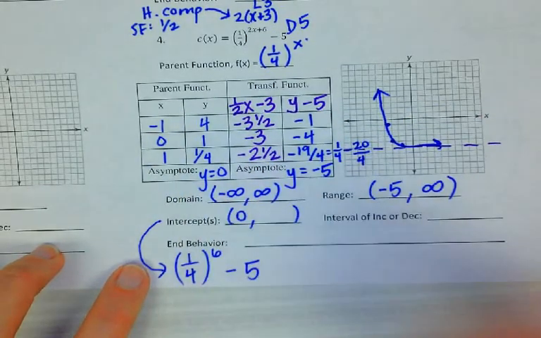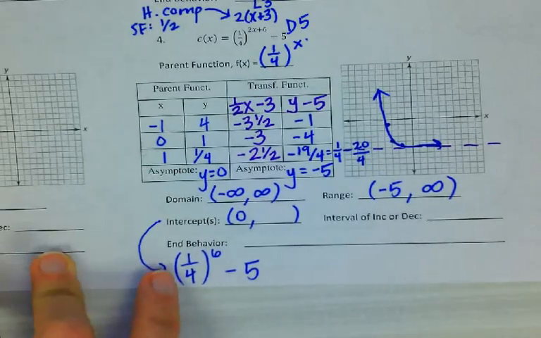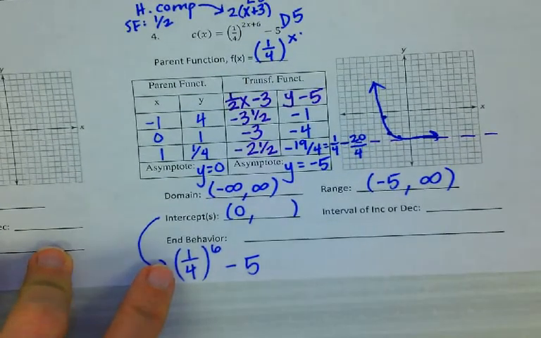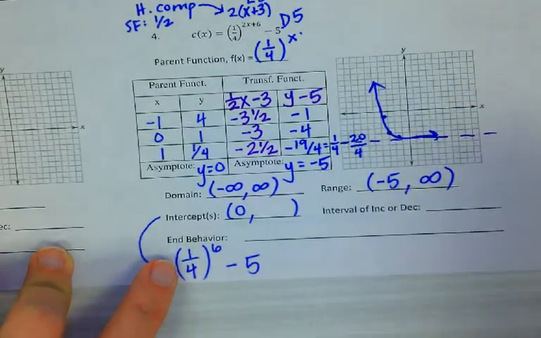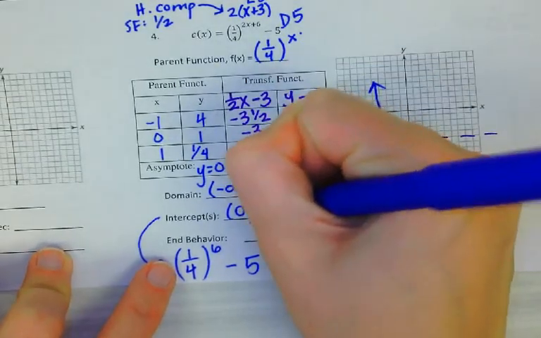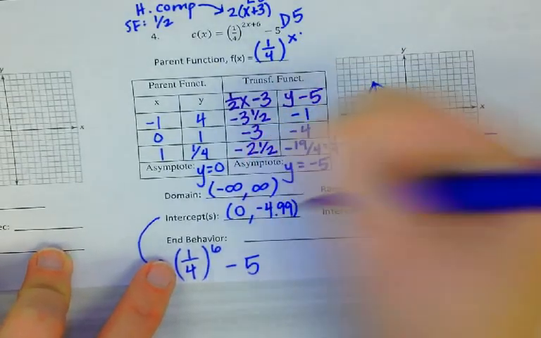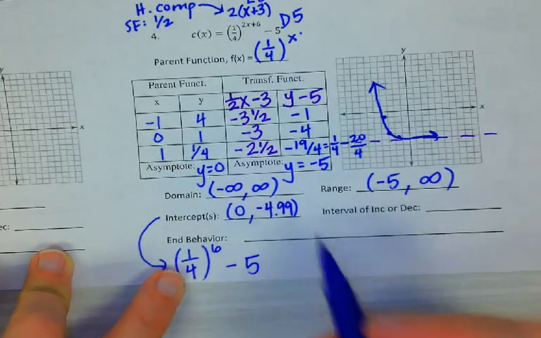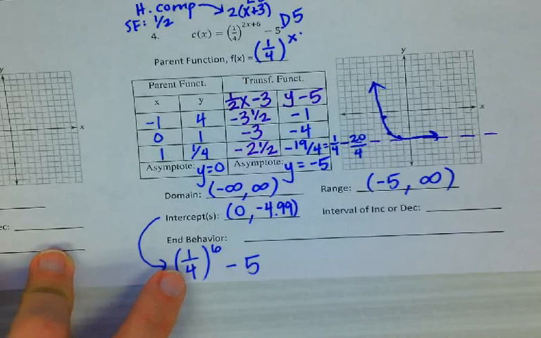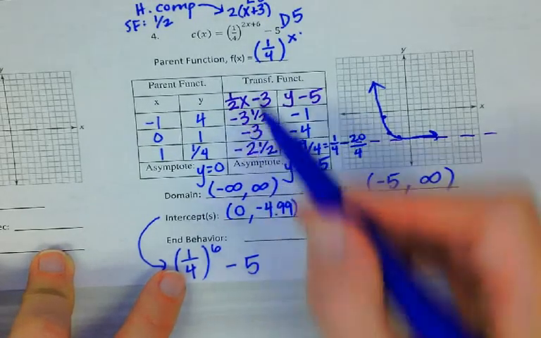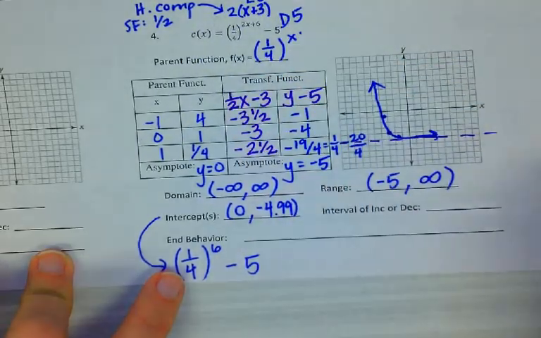Okay, I would let you use a calculator if you were going to do something like this. Yeah. I can tell it's very, very close to negative 5. And I did type it in the calculator earlier. It was negative 4.99. But again, don't expect to be asked about intercepts. For the most part, it's just going to be the table, identify the transformations.